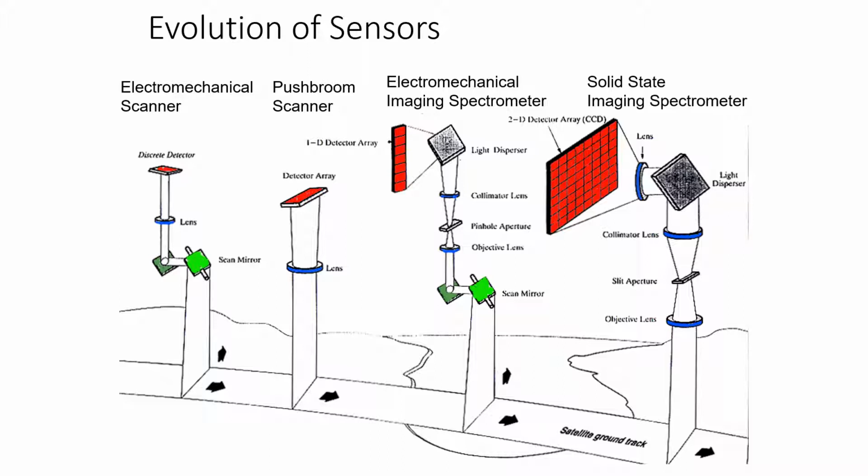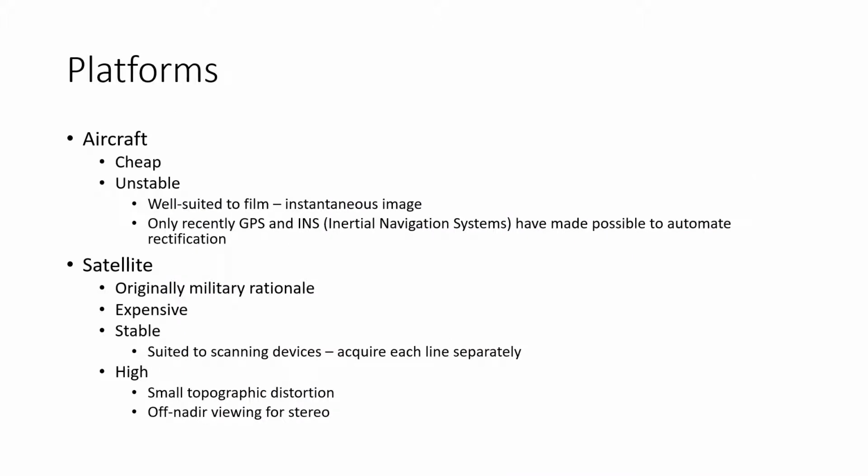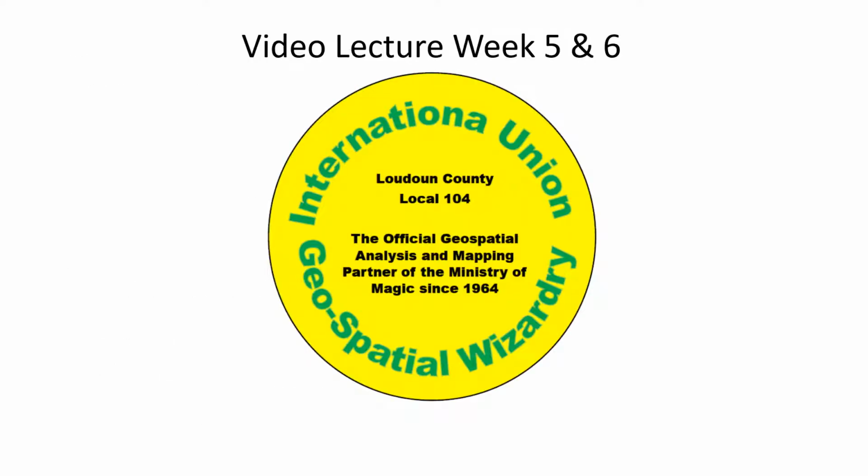Here you can kind of see the evolution of how these compare to each other. Aircraft versus satellites, which one do you want to use? Here are the reasons why. This is getting us a fair way through.